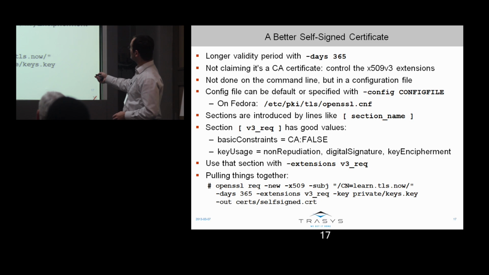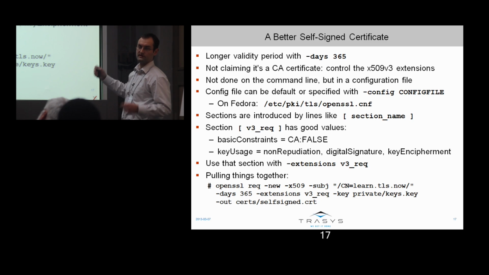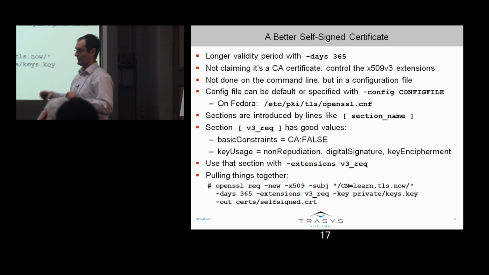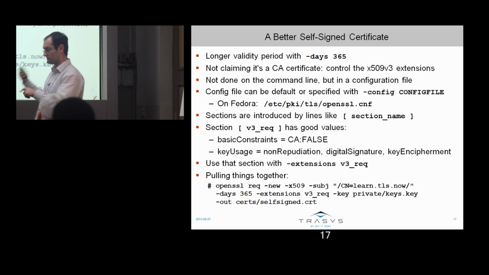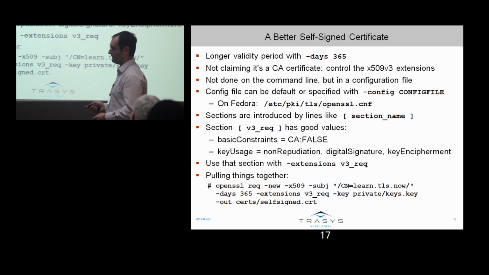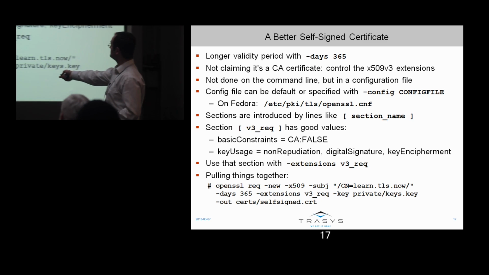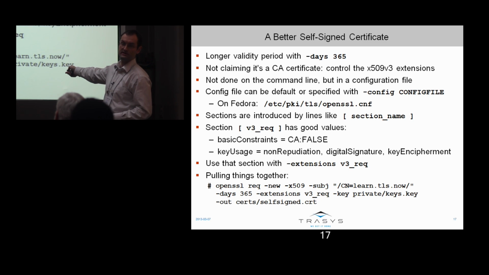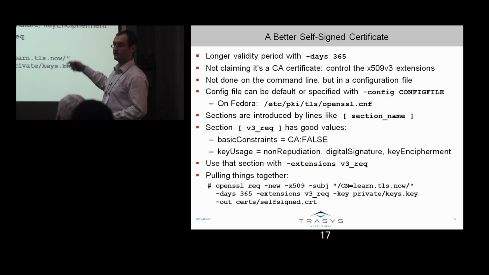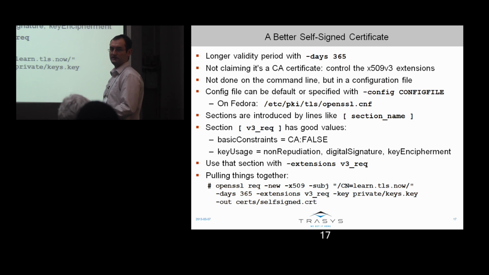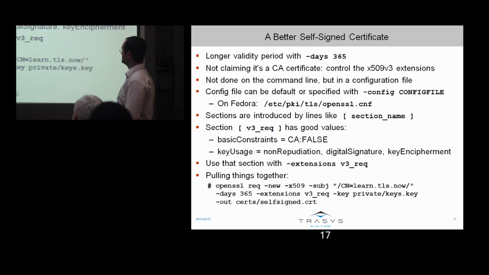Then you start getting sections introduced by a line with square brackets and the section name. Both outside and inside the sections, you have assignments such as this. And this is one that we're interested in: basicConstraints = CA:false. This is what I want to put in the file so that it stops creating CA certificates when I just need site certificates.